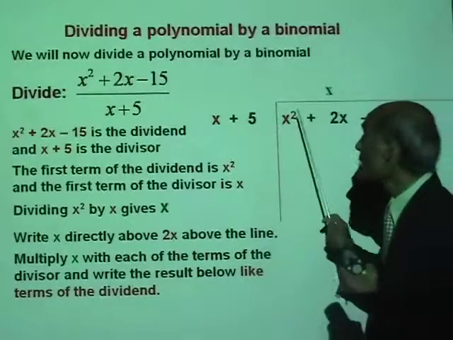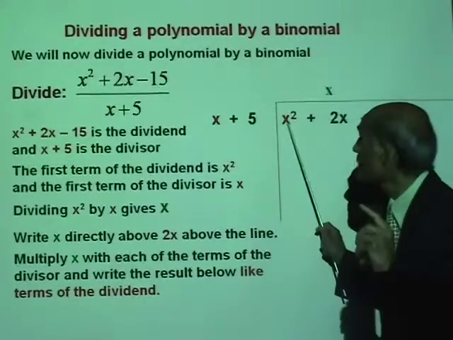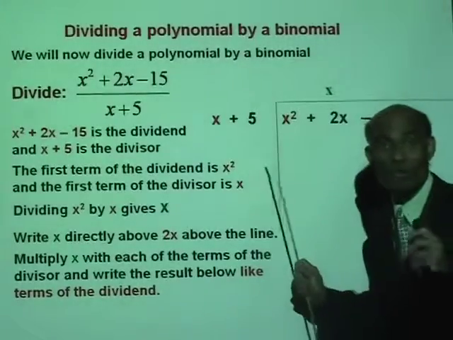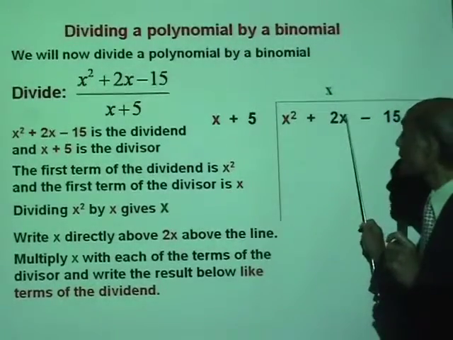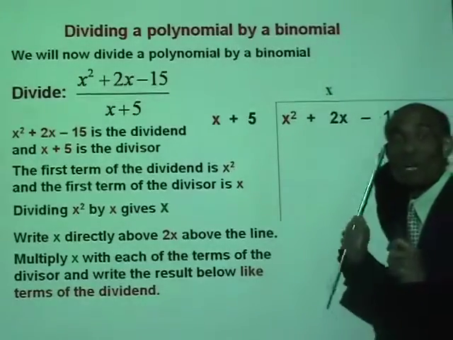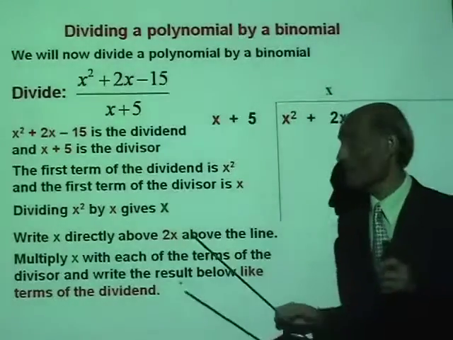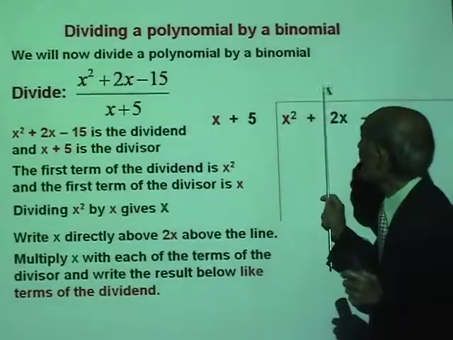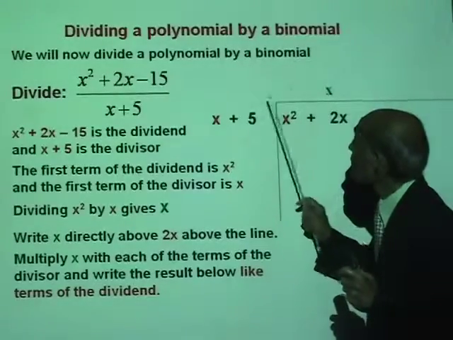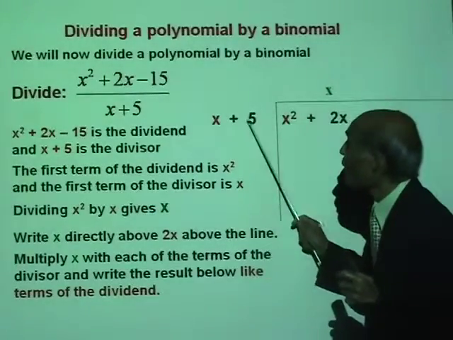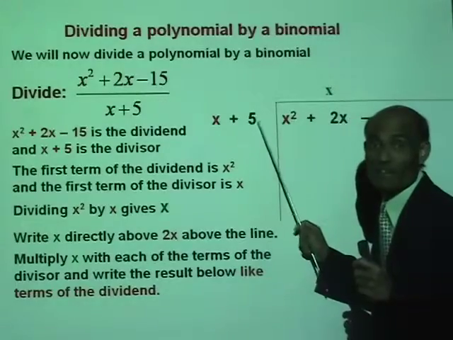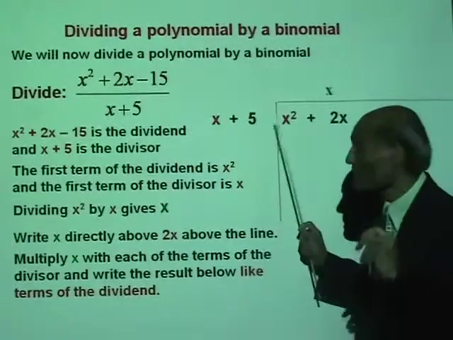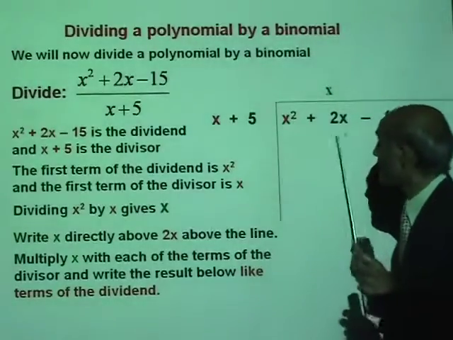Now a term in x squared will be written below x squared. A term in x will be written below x. So one more time. Multiply this x with each of the terms of the divisor and write the result below the like terms.